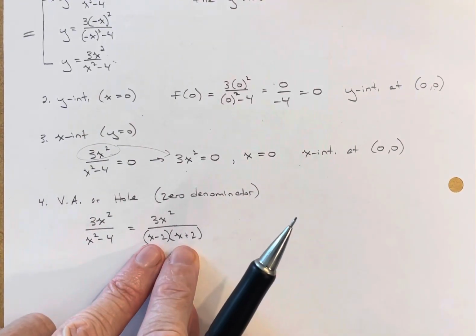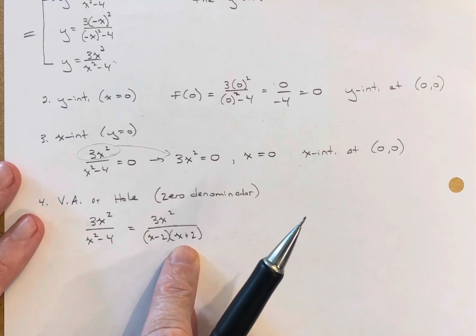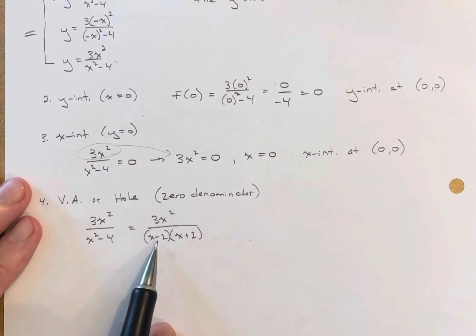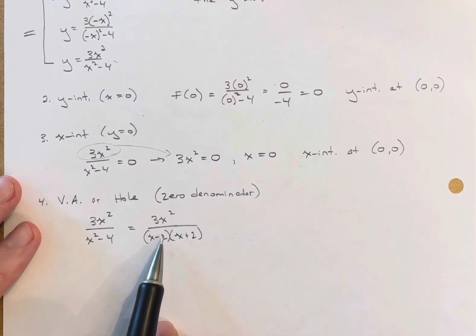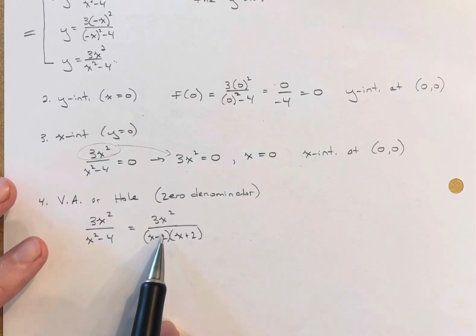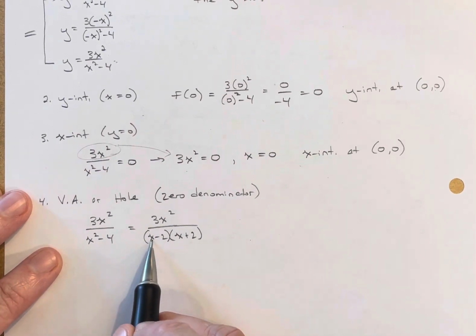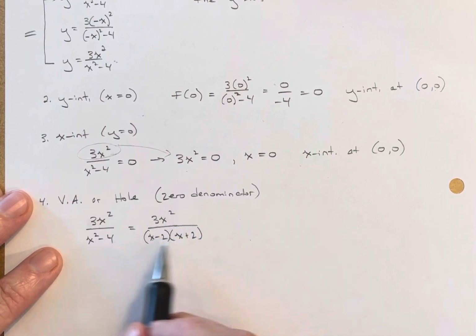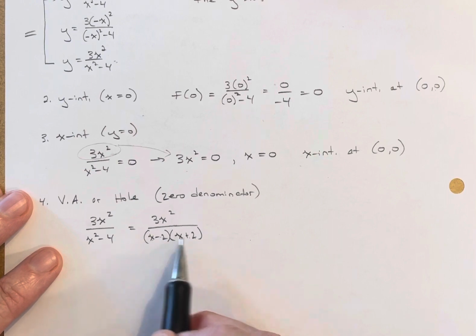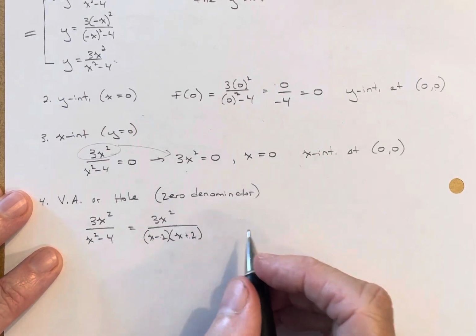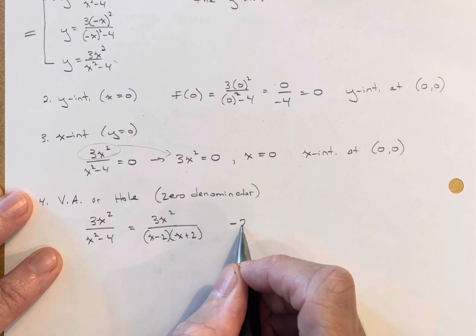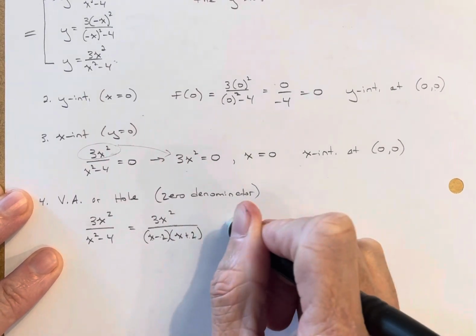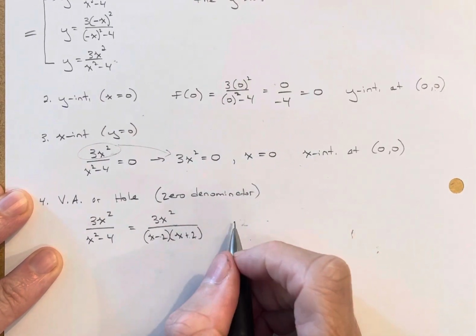I have two zeros. Okay, I have two x values that are not part of the domain, +2 and -2. Okay, this is as simple as it gets. There's no simplifying my numerator, so both of these are vertical asymptotes. Okay, so -2, let me write that with x equals.